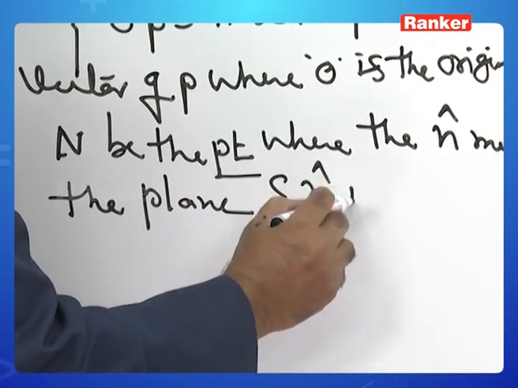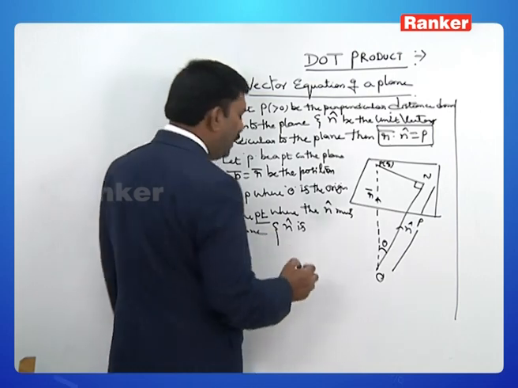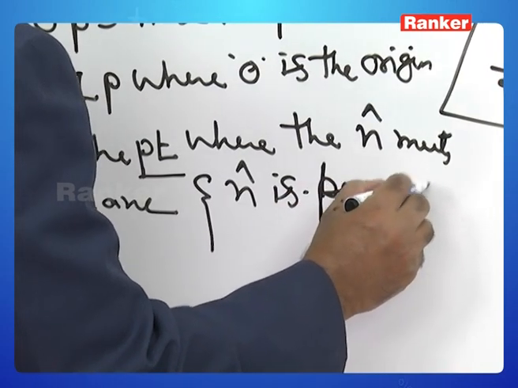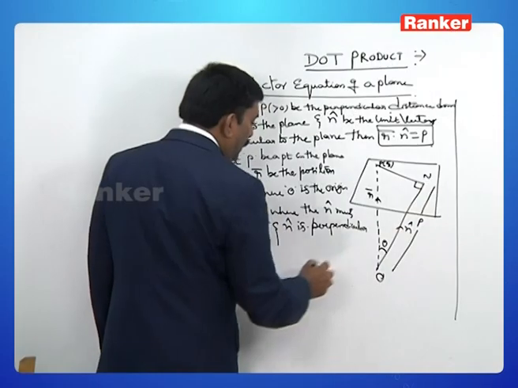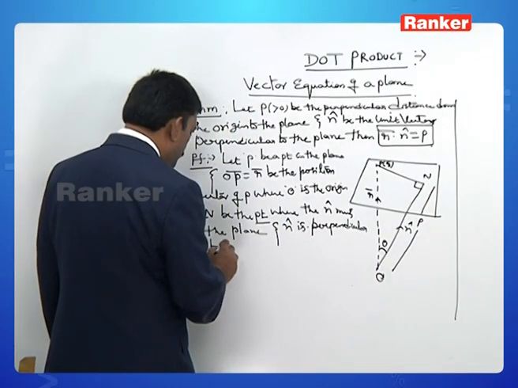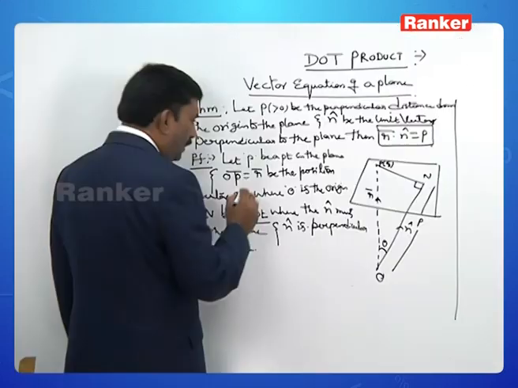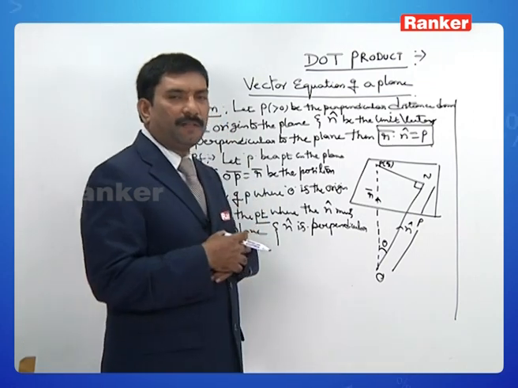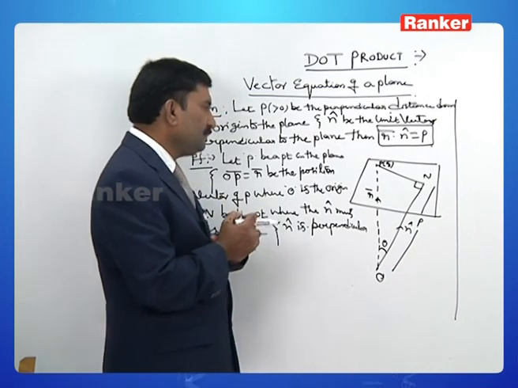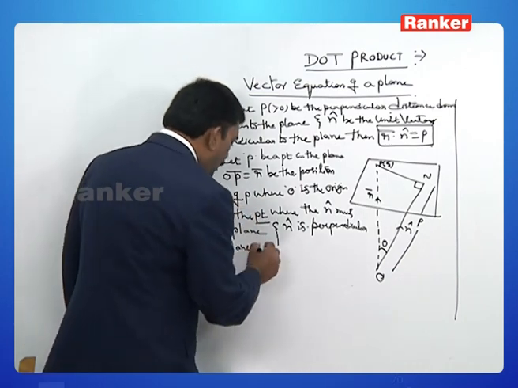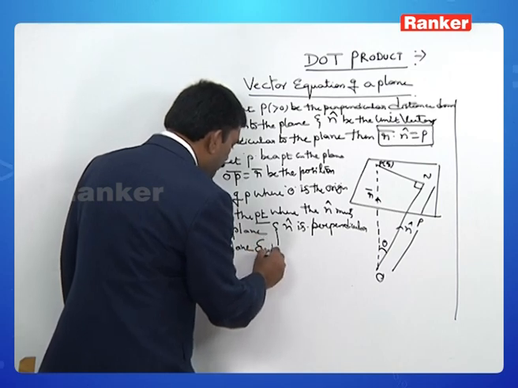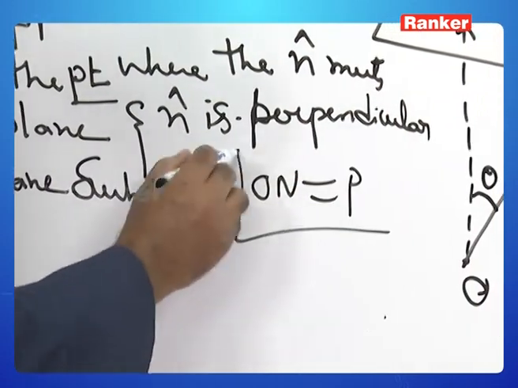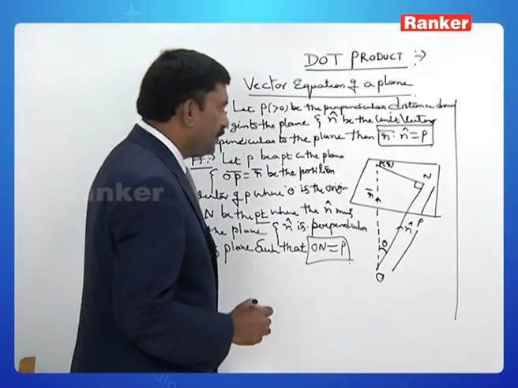and N cap is the unit vector perpendicular to the plane, such that ON is equal to P. Right?